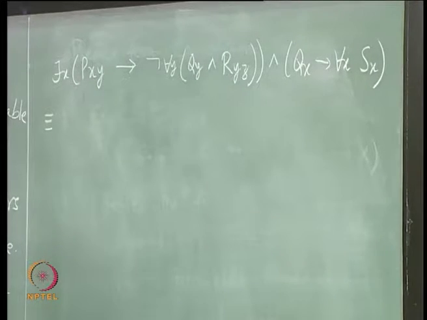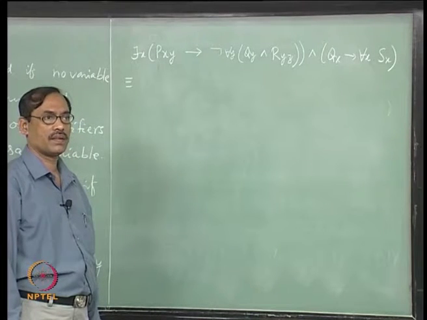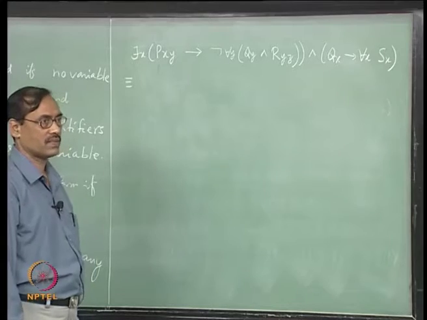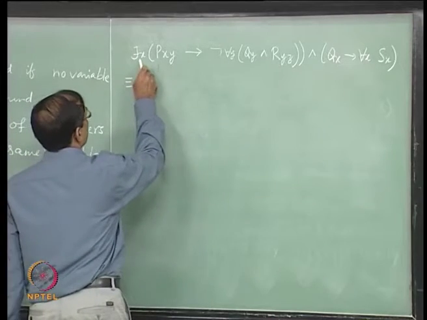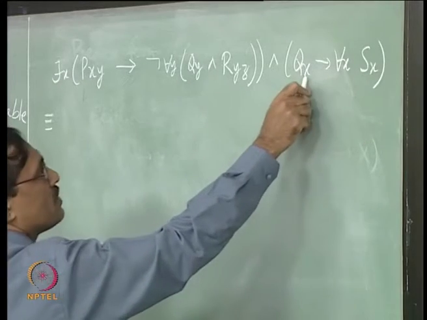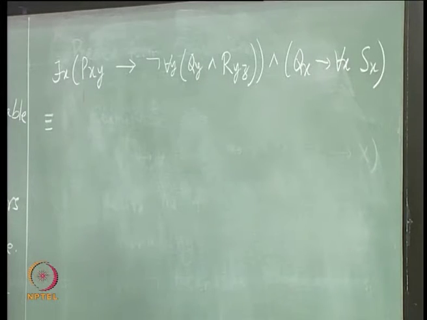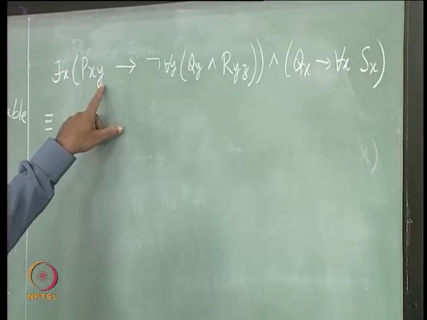Next, what we have to do? Rectify it. So, first let us check, here x is bound, x is free here. So, all the bound occurrences of x have to be renamed first, and then what about y? y is here free, y is also bound.